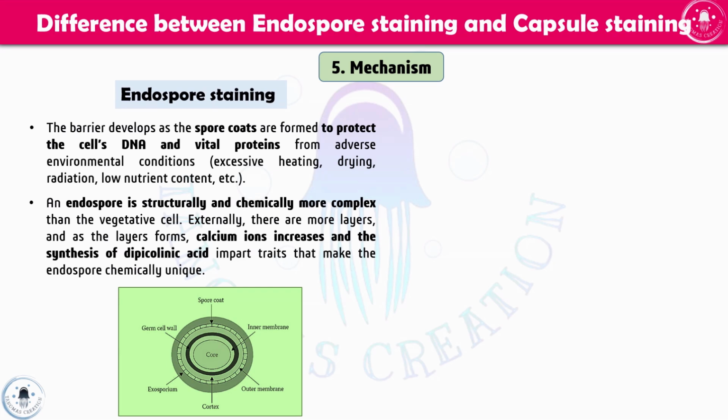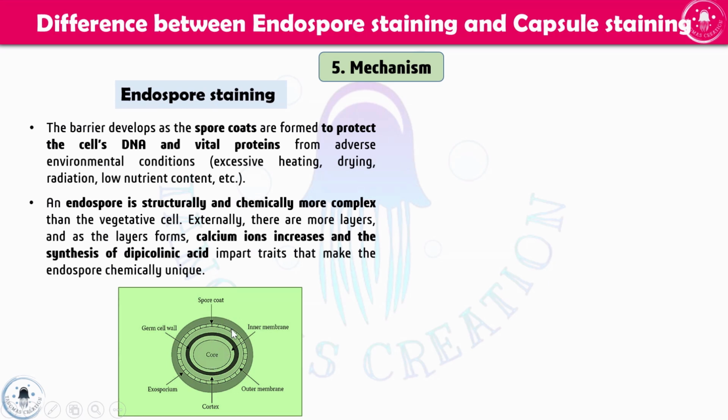Okay, here in this image as we can see, there are so many layers. First there is the outer membrane here. This is the exosporium, this is the outer membrane, here the cortex, then the inner membrane, then there is a germ cell wall, spore coat, and inside it there is a core.